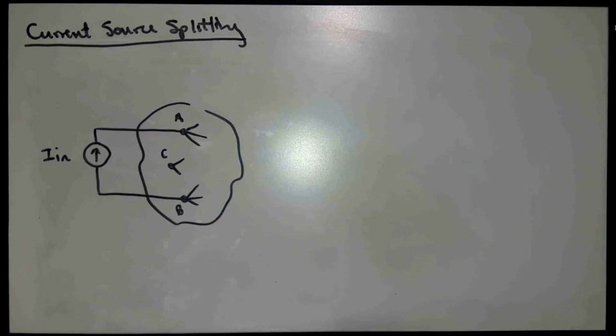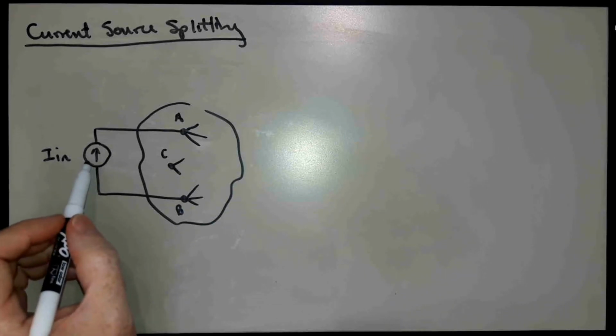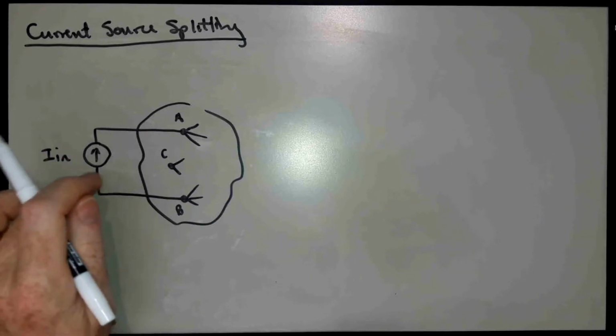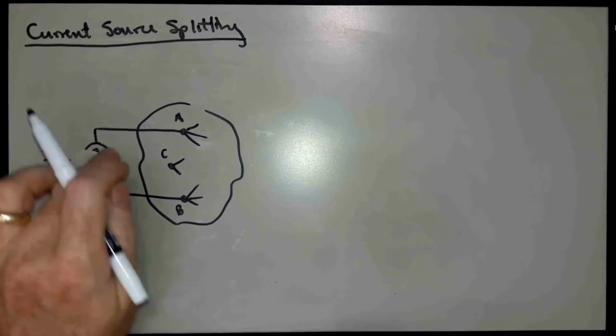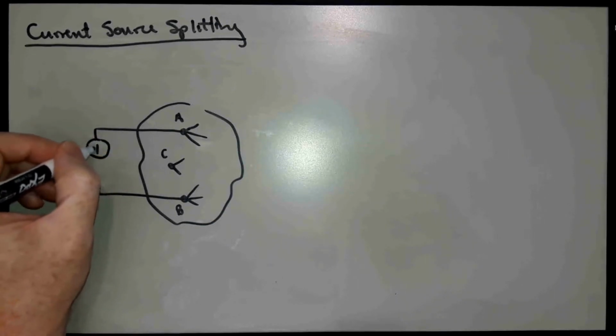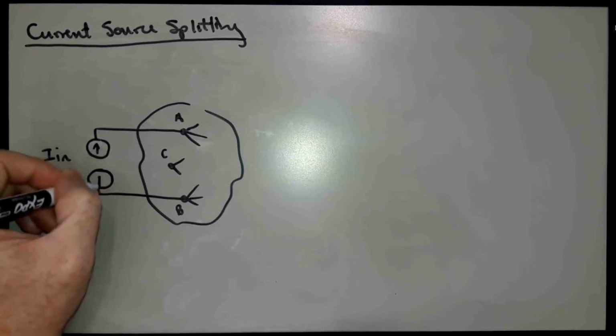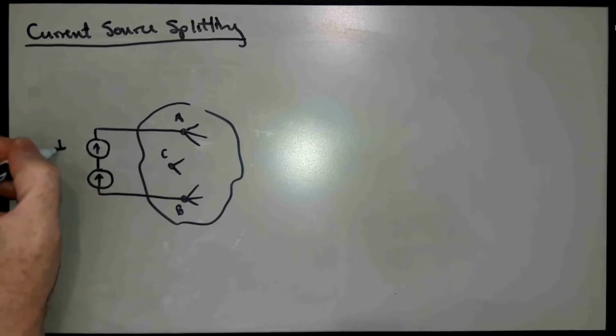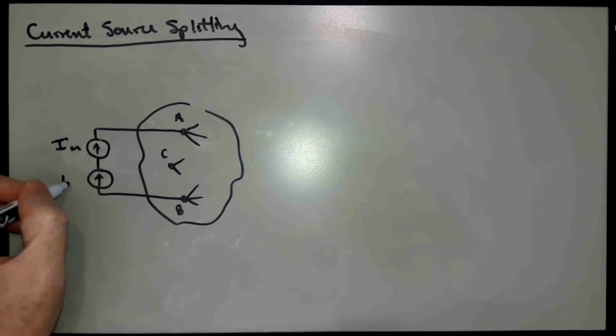And so the way that current source splitting works is I take this one source I in and I connect in series with it some number of replica sources that all have the same value. In this case, I'm just going to make it 2.